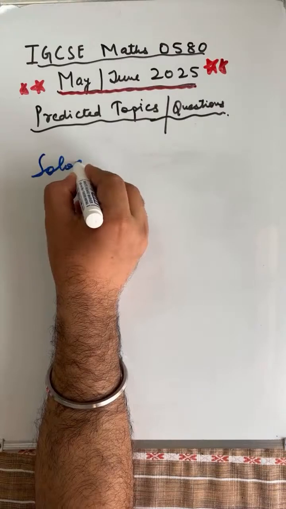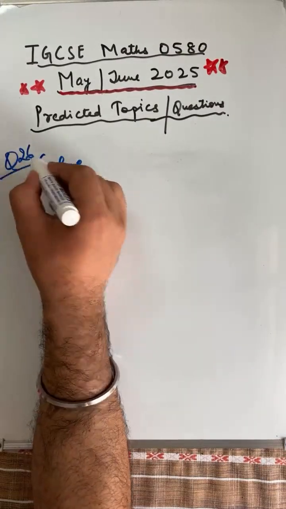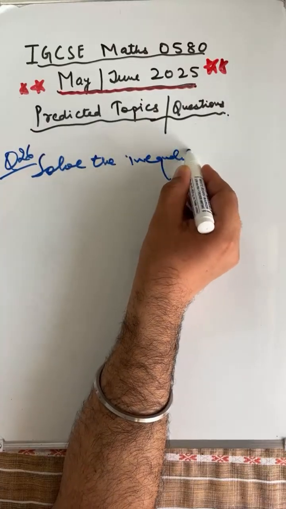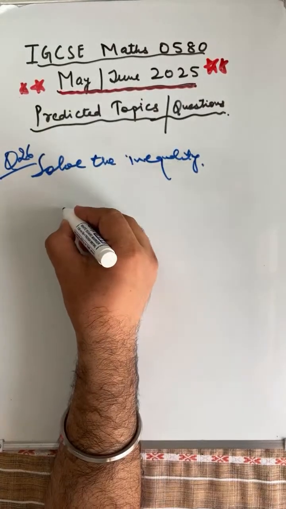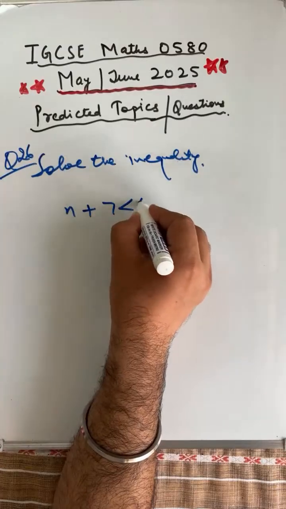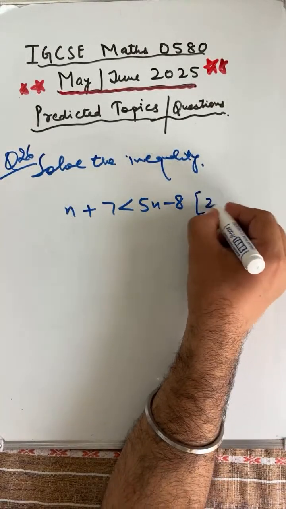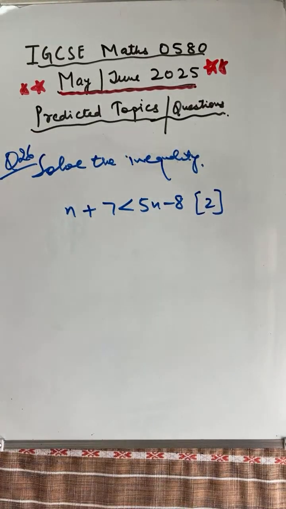Now solve the inequality. n plus 7 is less than 5n minus 8. This is of 2 marks. Now try to solve this and write your answer in the comment section.